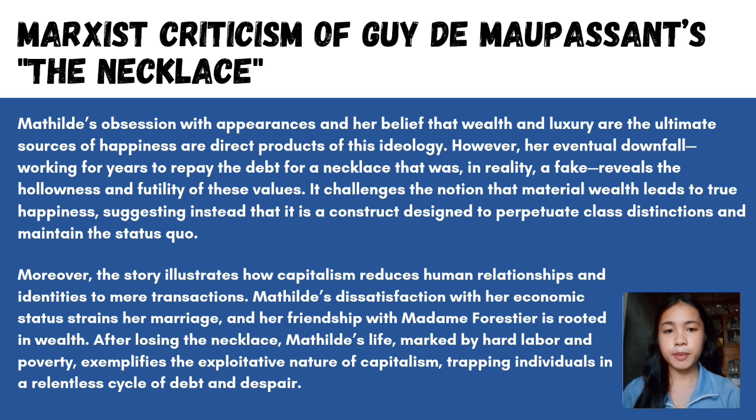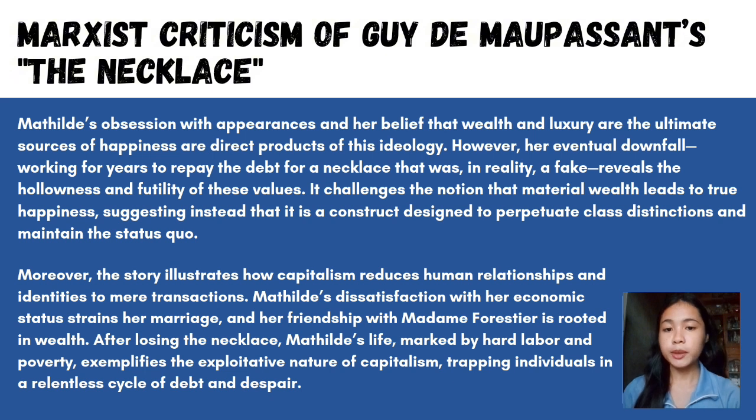So, in The Necklace, Mathilde's pursuit of wealth strains her marriage and reveals how capitalist values can reduce personal relationships to mere transactions. Mathilde's and her husband's lives are dramatically altered by their attempt to maintain appearances. So the story illustrates how capitalism traps individuals in cycles of debt and exploitation, emphasizing the detrimental impact of economic forces on personal well-being and relationships.